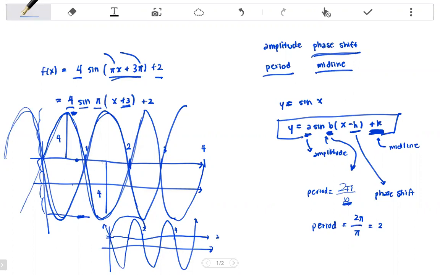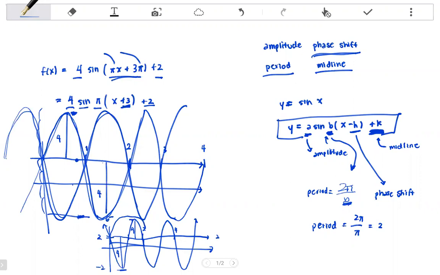This is our period of 2, so this repeats every 2 units, right? Do we have an amplitude of 4? Well, if I draw this as -2 and this as 6, then we do have an amplitude of 4. This is 4. This is 4. It's not drawn to scale. Do we have a midline of 2? We start at 2, so we do have a midline of 2, and a phase shift of 3.